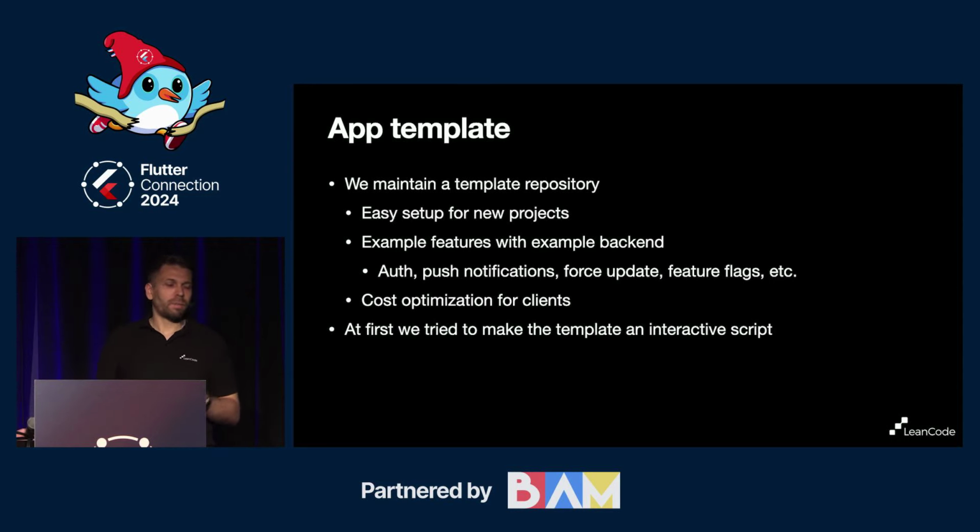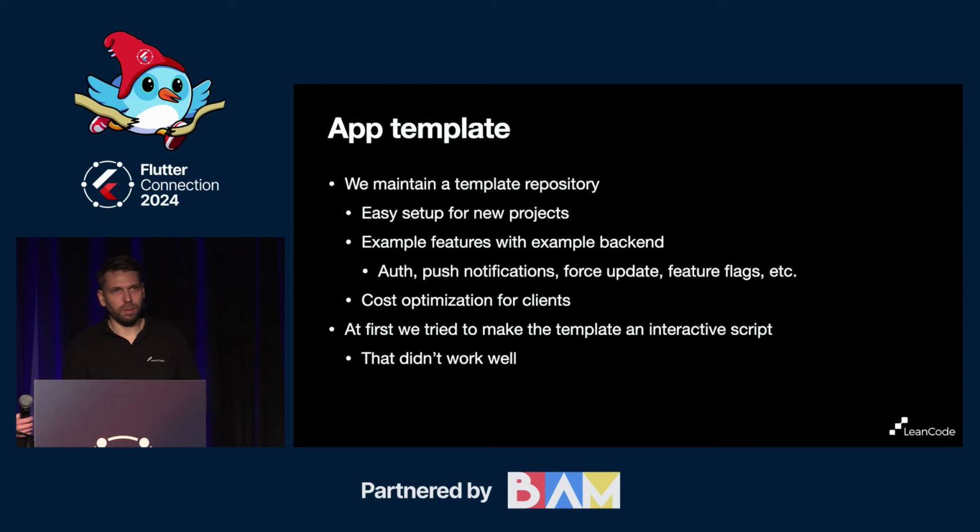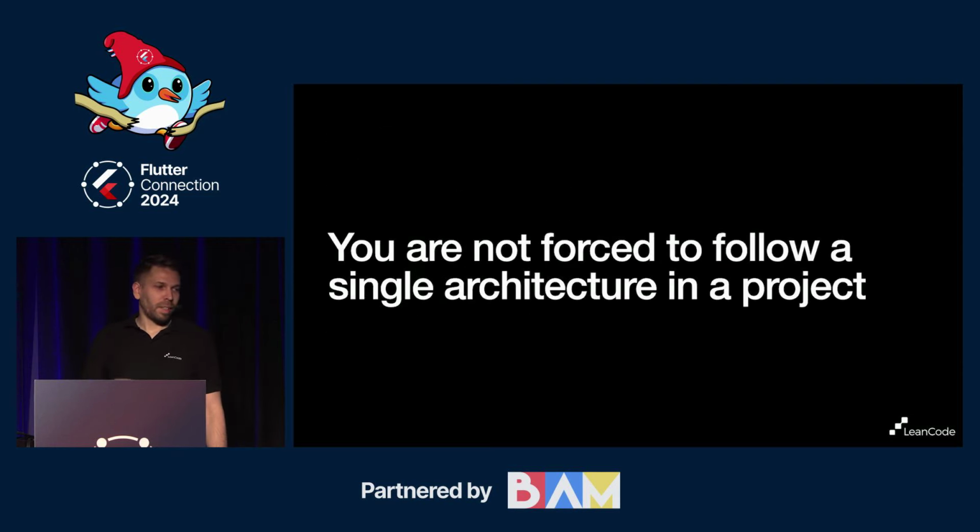And at first, we tried to make the template an interactive script, but that didn't really work well. So we thought it would be cool if when you start a new project, you can choose which features you want and which you don't, but that was just hard to maintain. And also, usually you might want the same features.